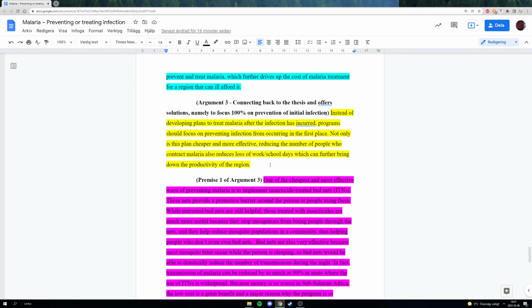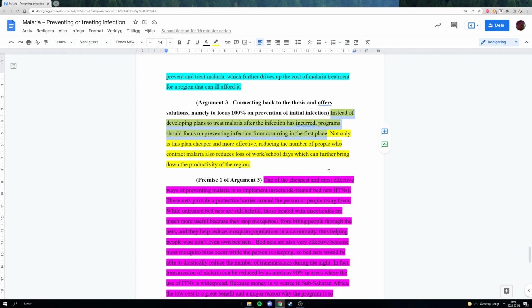And their third argument is one that actually connects straight back to their thesis statement and starts offering sort of solutions, which is to focus 100% on prevention of initial infection. So their central claim there is, instead of developing plans to treat malaria after the infection has occurred, programs should focus on preventing infection from occurring in the first place.